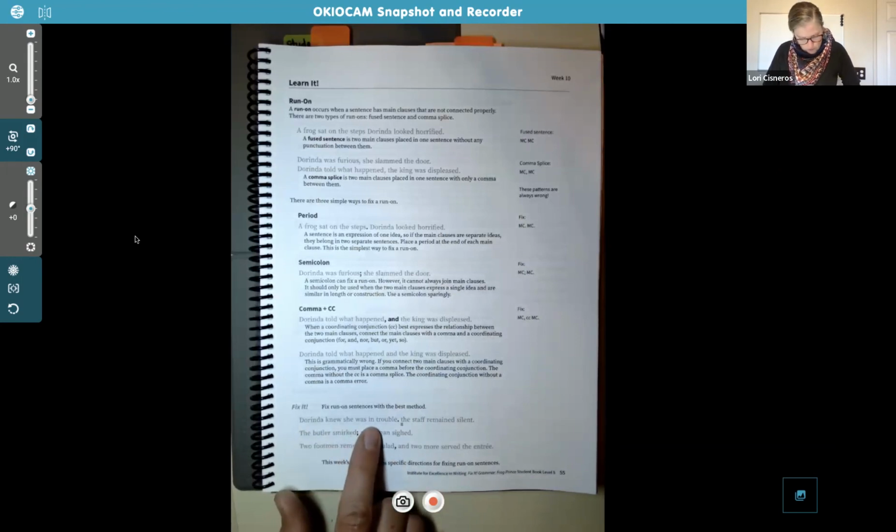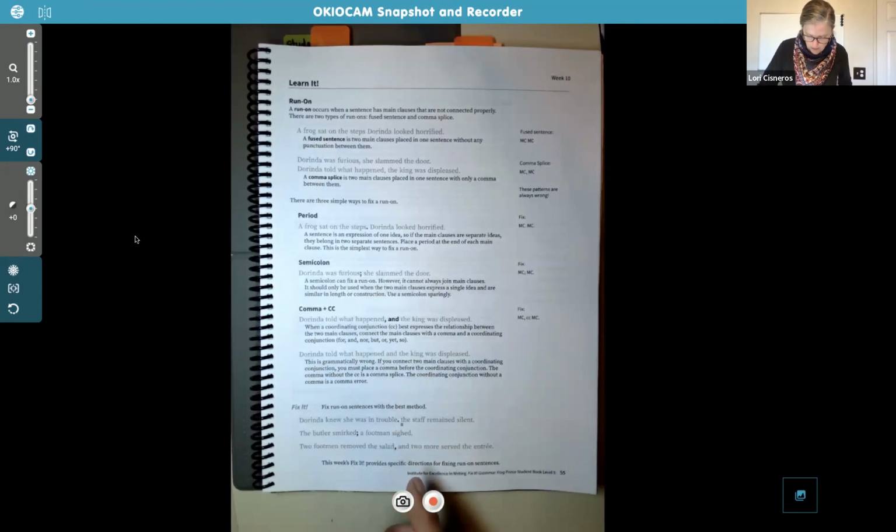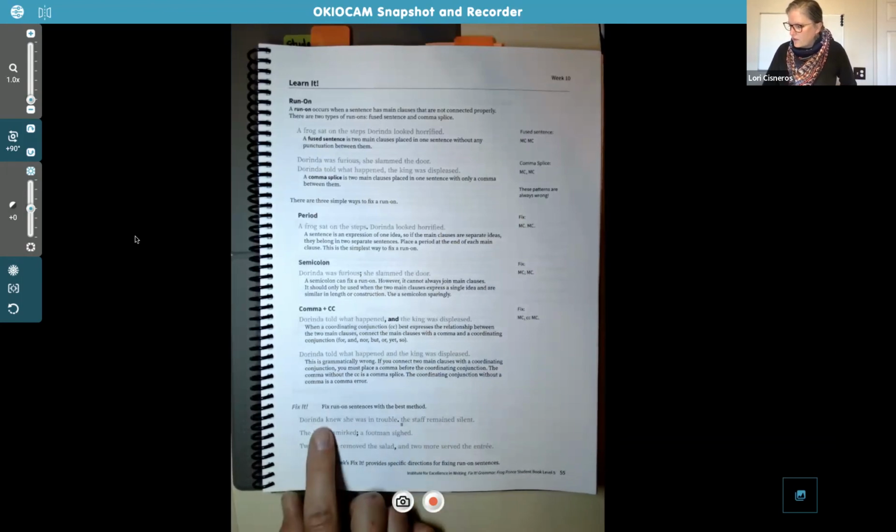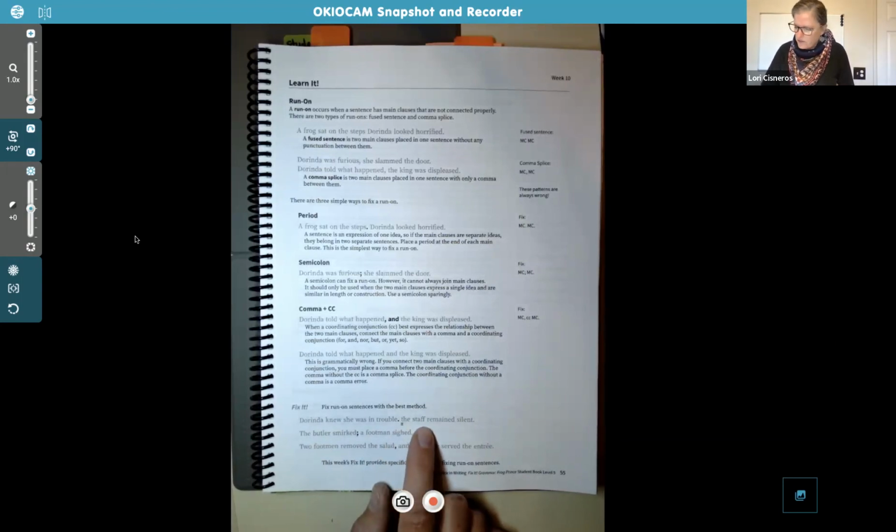Okay, and down here, they're showing how they fixed these run-on sentences at the bottom. Dorinda knew she was in trouble. The staff remained silent. So what Dorinda knew and how the staff remained are separate ideas. These are two separate ideas. So putting a period and a second sentence there is the best way to fix that run-on.